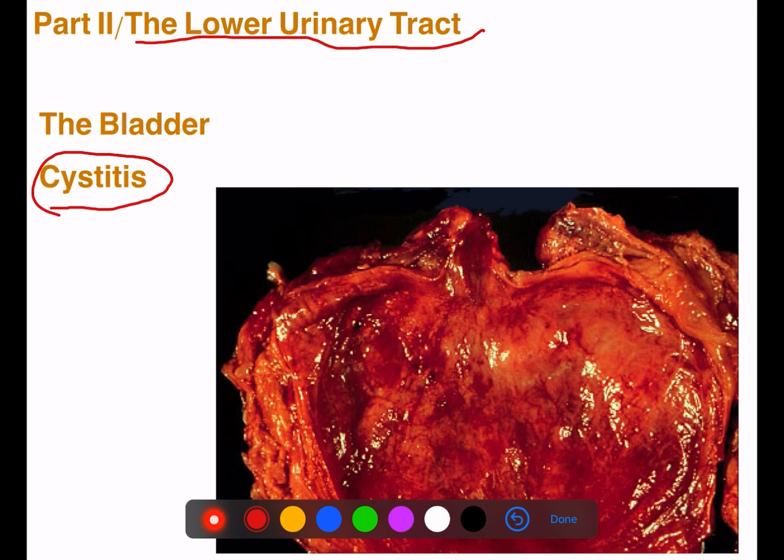Sometimes the structure of the bladder changes due to severe inflammation and has a polyp-like inflammatory structure, which is called polypoid cystitis.